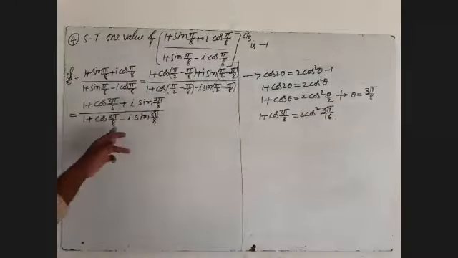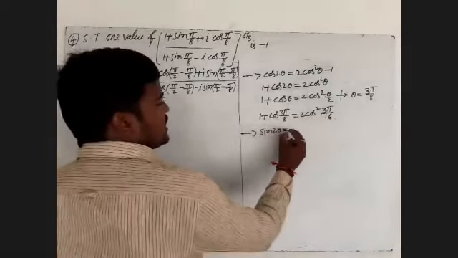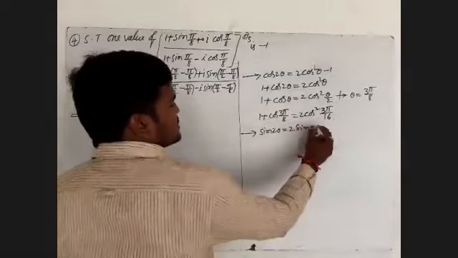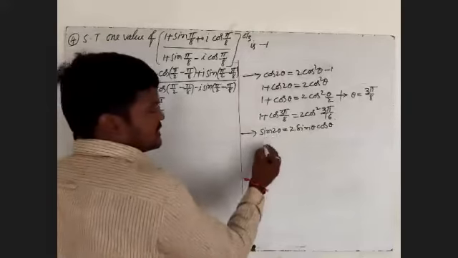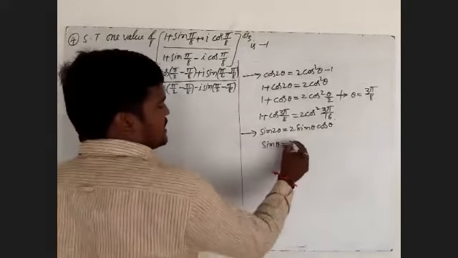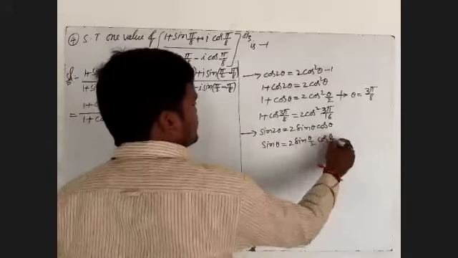Again we know the formula sin 2θ = 2 sin θ cos θ. Replacing θ with θ/2, sin θ = 2 sin(θ/2) cos(θ/2).